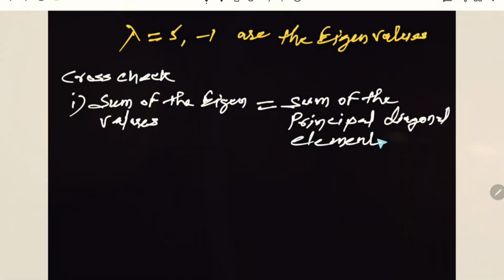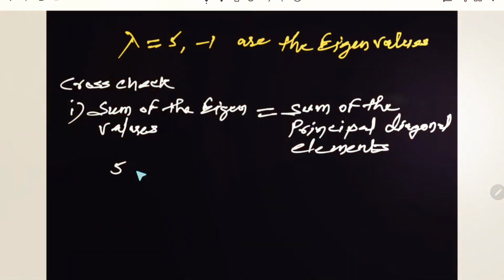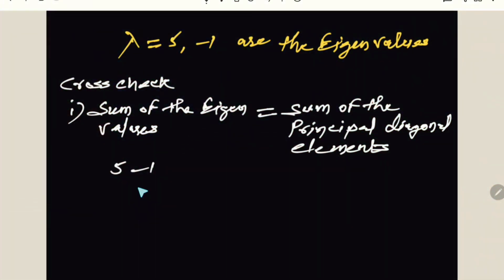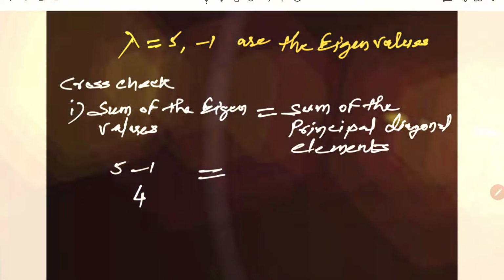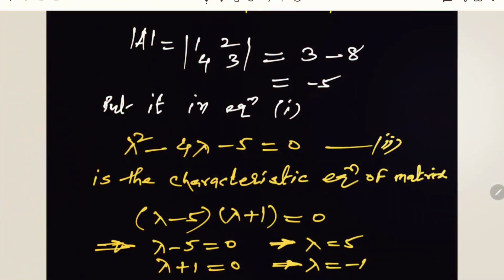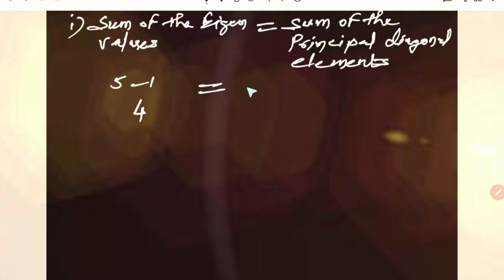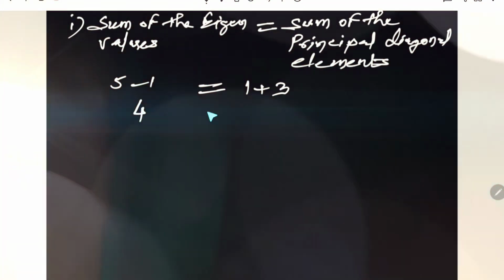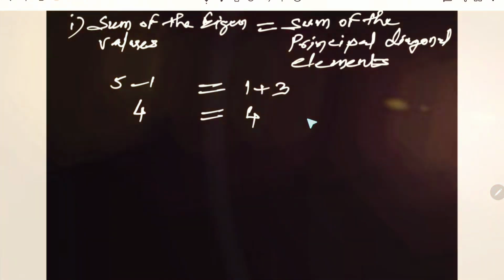Therefore we check this property. 5 and minus 1 are the two eigenvalues. The sum of those two is 4. And on the right hand side we have the sum of the diagonal elements 1 and 3. Therefore 1 plus 3 we get 4, so 4 is equal to 4.